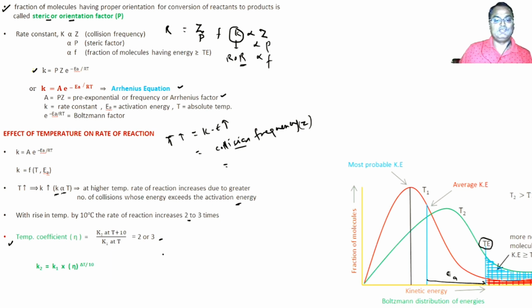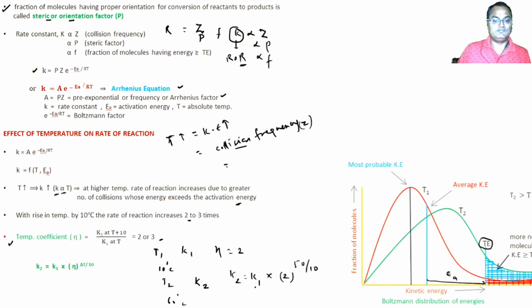So if at temperature T1, say 10 degrees Celsius, the rate constant is K1, and we increase the temperature to 60 degrees Celsius, where the rate constant is K2, then K2 equals K1 times the temperature coefficient, let it be 2, to the power delta T upon 10, where delta T is 60 minus 10, which is 50, upon 10. In this way we can calculate the rate constant values if any of them is given.